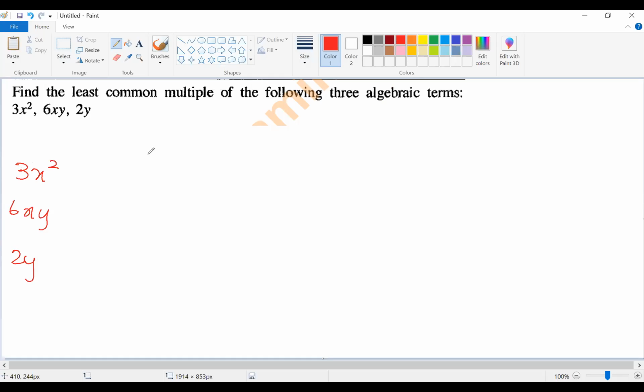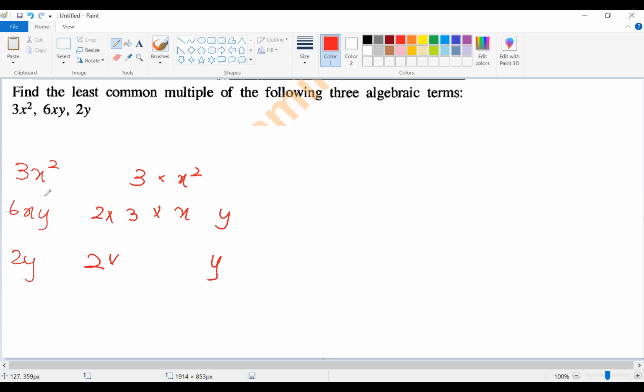When you take this, it is a 3 and x into x. So we can write this as 3 into x square. Here this one can be written as 2 times 3 into x into y. It is always very easy if you write all the like terms in the same column. So here this 2y can be written as 2 times y.